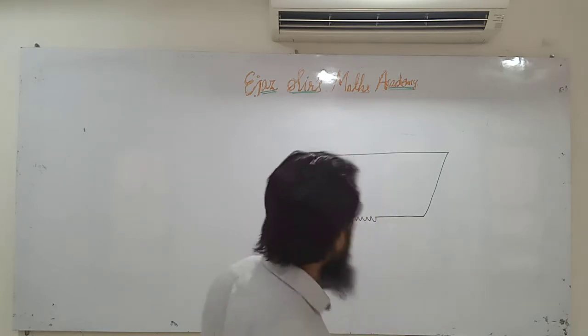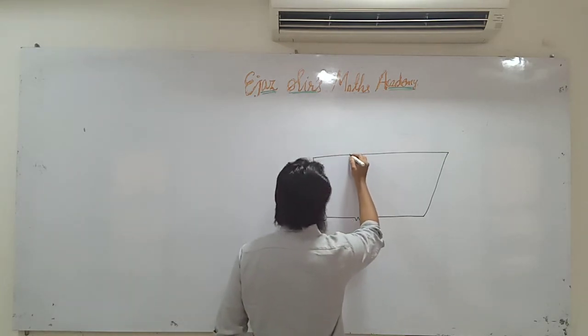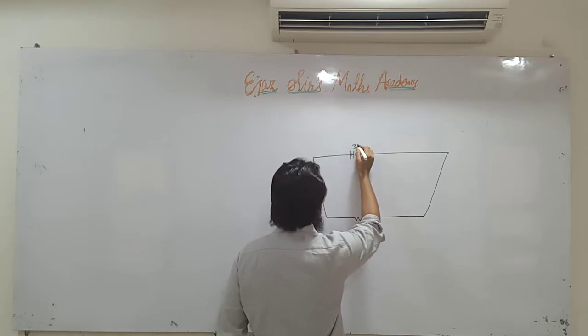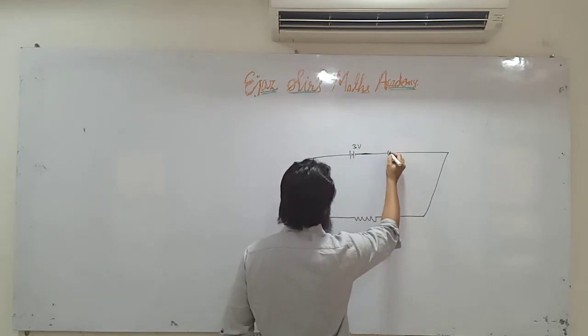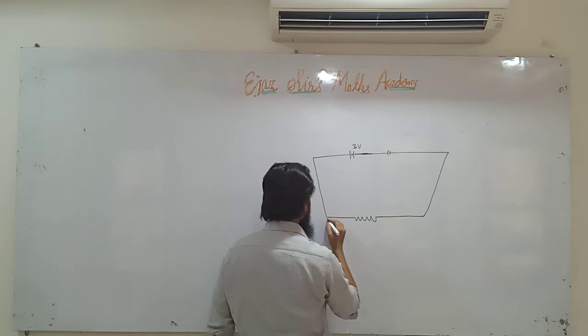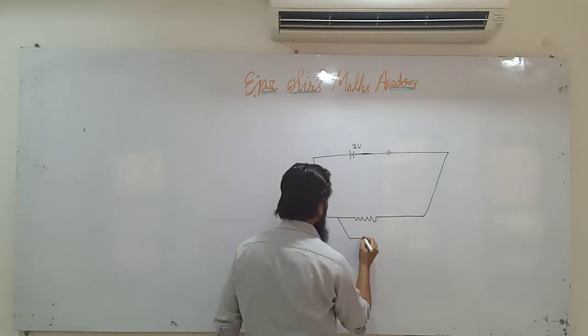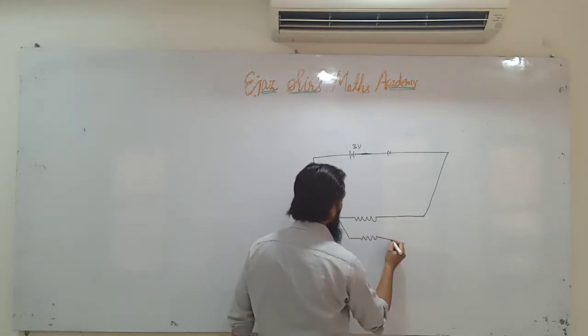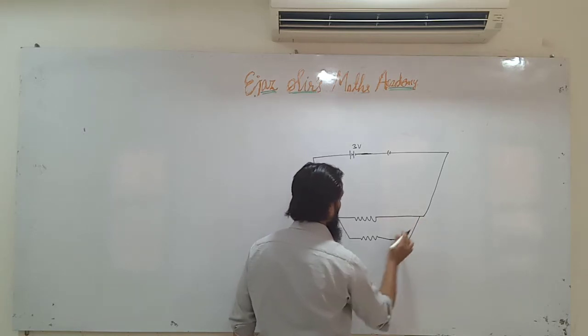3 volt and a switch. Here it is a 3 volt battery. There is a switch here, and they have given one more resistor connected here, like this.